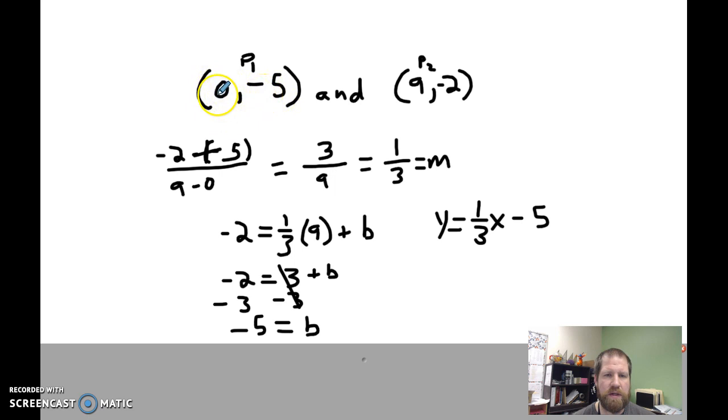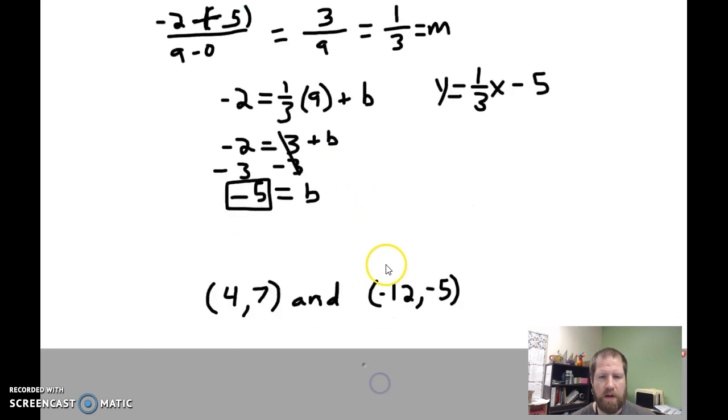My x value is 0, my y value is negative 5, and you might have noticed that my y-intercept ended up being negative 5. Remember, your y-intercept is your y value when x equals 0. So if you're ever given a point where x is 0, you know automatically that that y value is going to be your y-intercept.